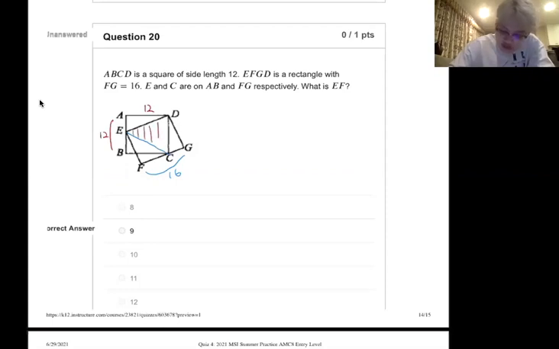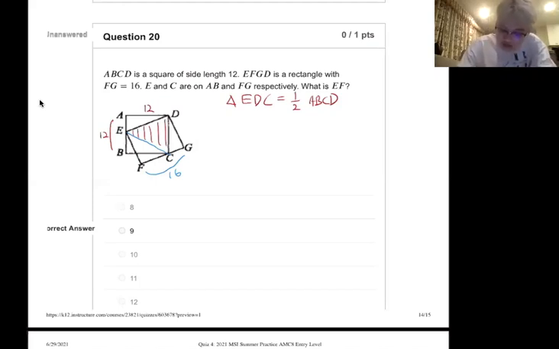And we look at the area of the triangle EDC. Notice that it is actually half of the area of the square ABCD because it shares the same base and the same height. It shares the base of CD, which is 12, and it shares the height.